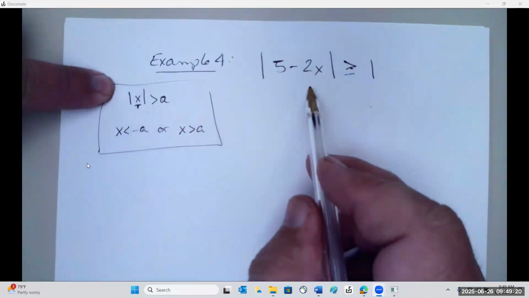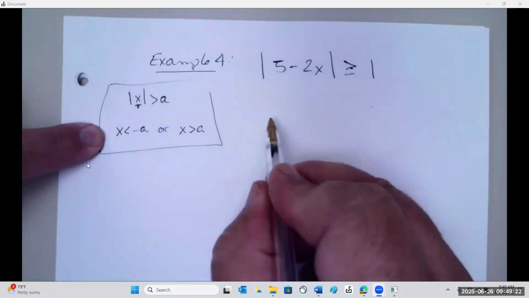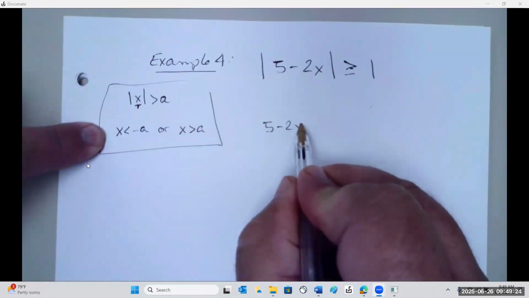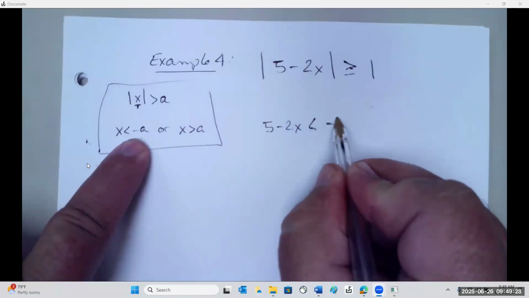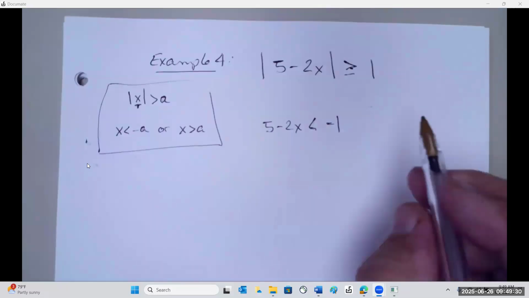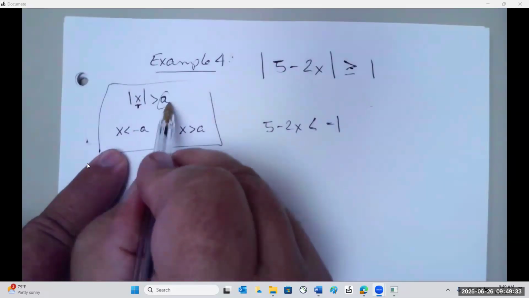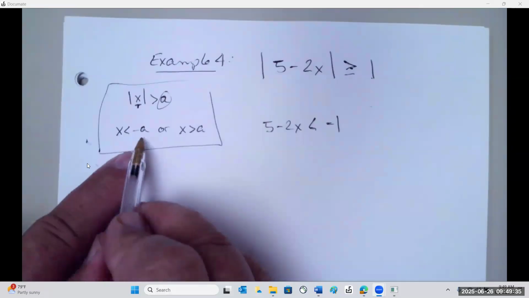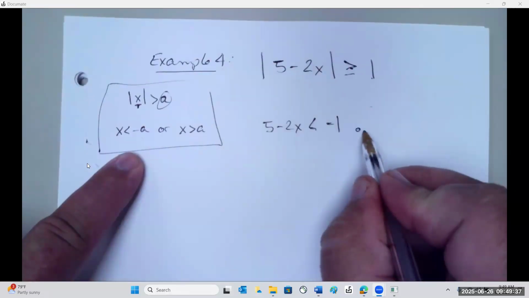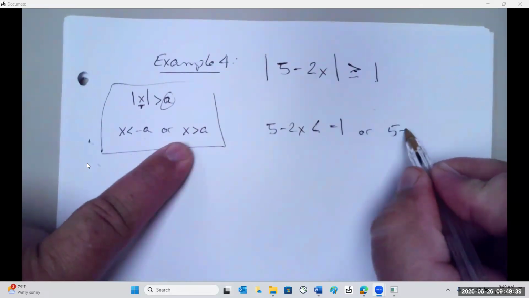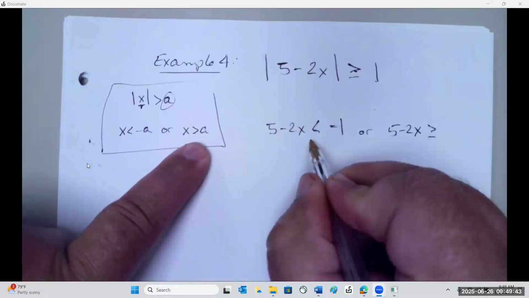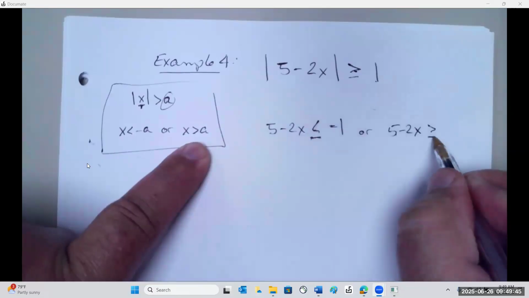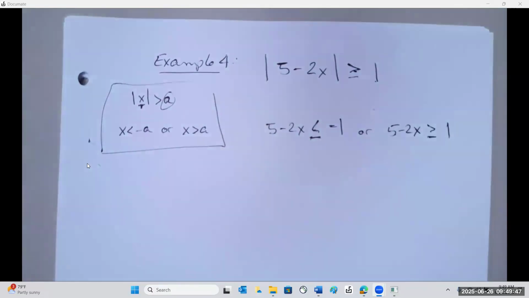So in this case, what is x? 5 minus 2x is less than the negative of the answer. That's what that says. Here's the answer, that's 1. So it's less than negative 1, or 5 minus 2x is greater than or equal to a, which is 1.